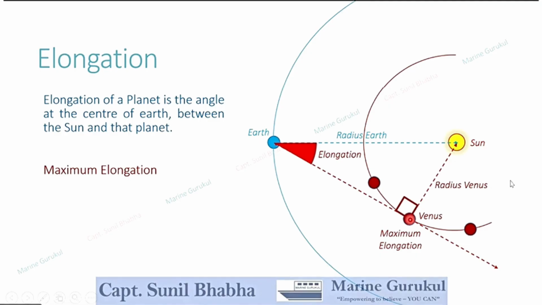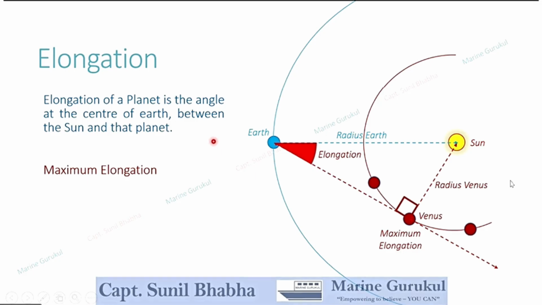Now, if you consider an exterior planet, meaning the planet whose radius is greater than the radius of the Earth, like for example Mars, the maximum elongation of Mars is going to be 180 degrees. The maximum value of elongation possible is 180 degrees.